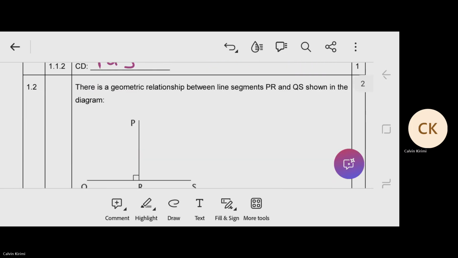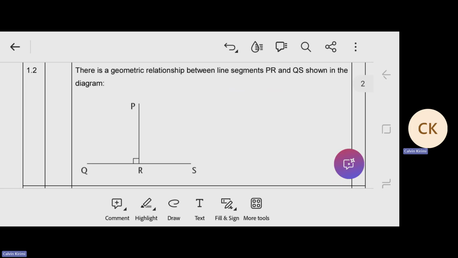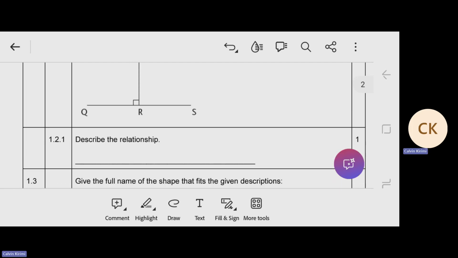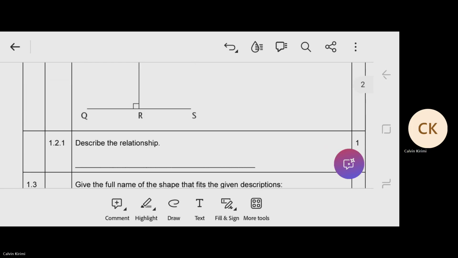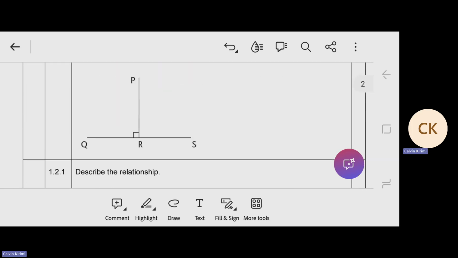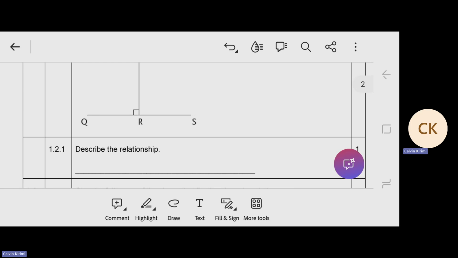Then we are coming to the issue of perpendicular. There is a geometric relationship between the line segments PR and QS as shown in the diagram. Describe the relationship. PR is perpendicular to what? Because of the 90 degrees.